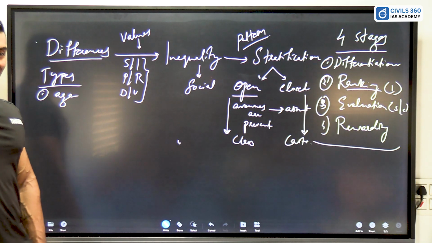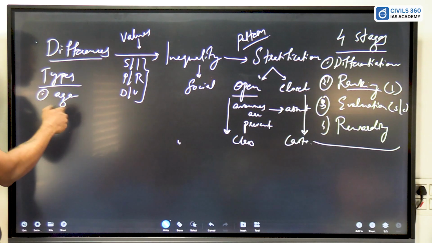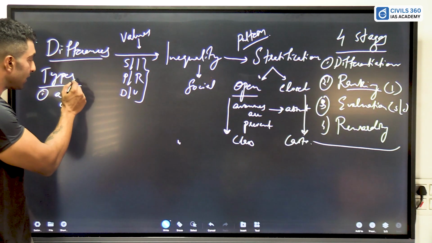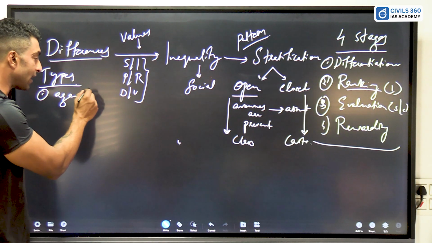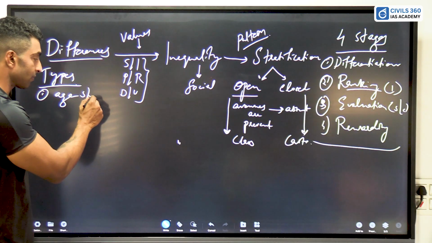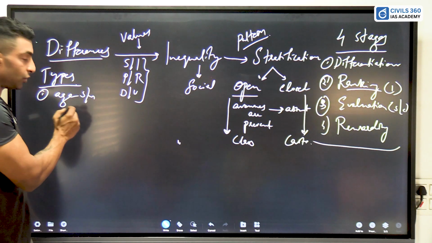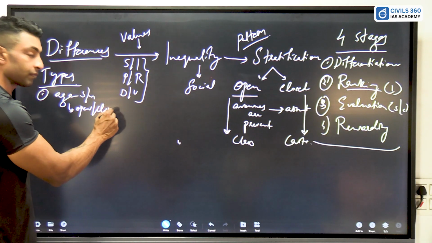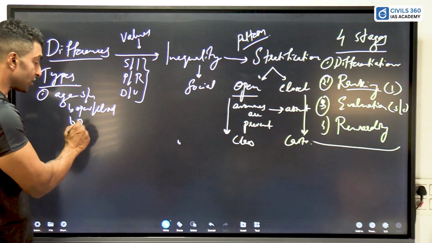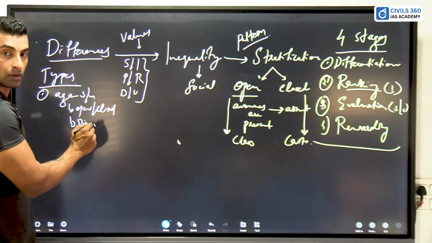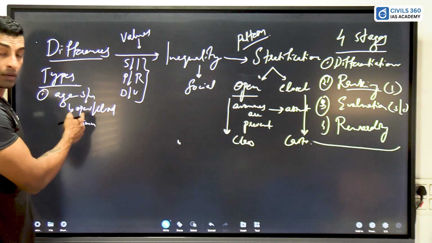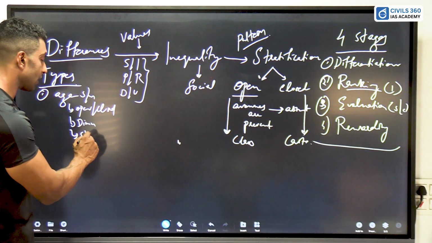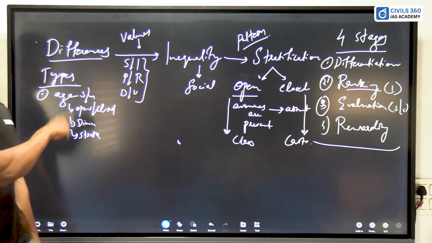That is the age-based category. Open or closed? So when you are writing the types, first you need to write the name, age set system, right? And then what all things you need to write here? Whether it is open or closed. You need to write what dimension. Strata.